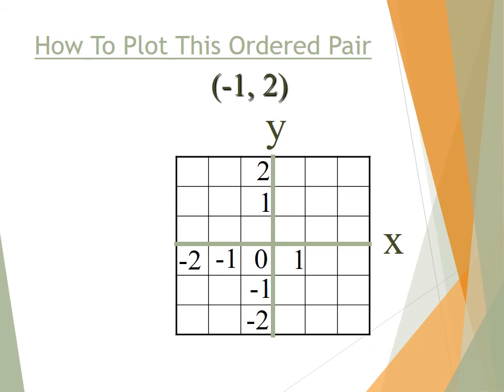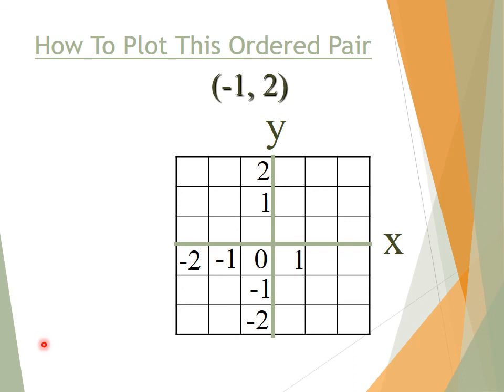Now, till now we have learned how to plot points where the coordinate is given and we have to find out the position. Here also the same thing is given. An ordered pair is given, -1, 2. So in which quadrant do you think the point lies?